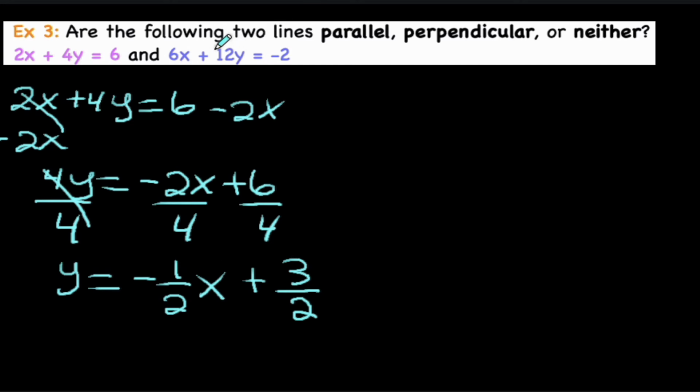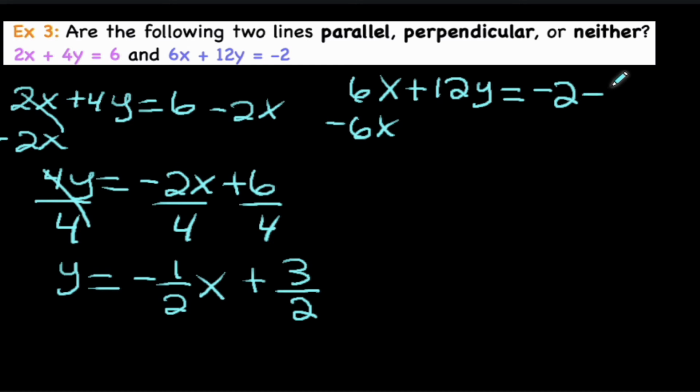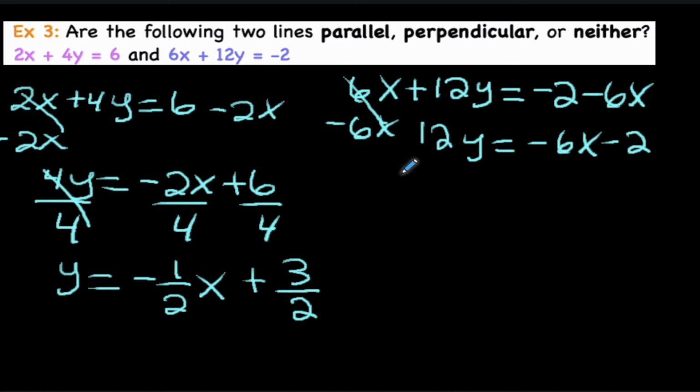So let's go ahead and rewrite this to slope-intercept form. So we have 6x plus 12y equals negative 2. So let's see here, we're going to subtract 6x. So we have 12y equals negative 6x minus 2. Divide by 12.